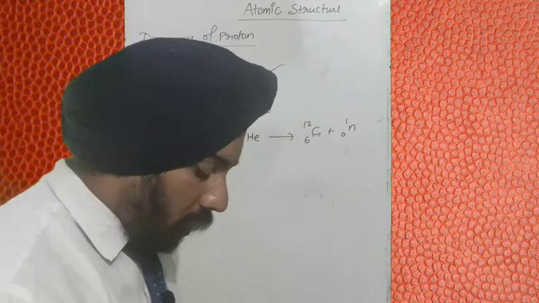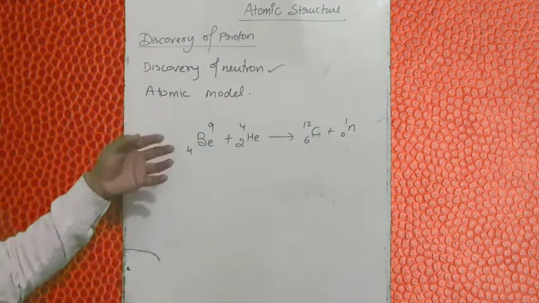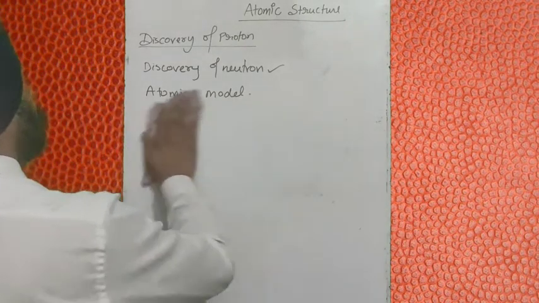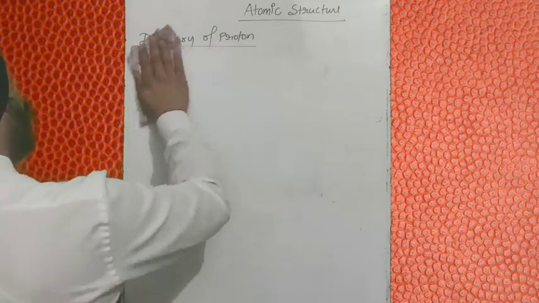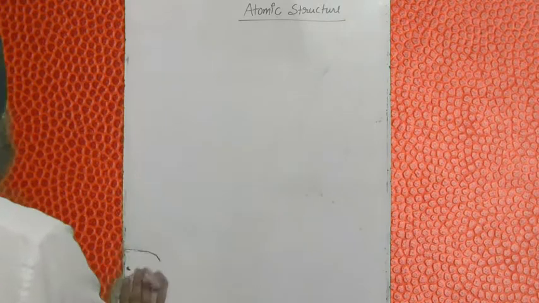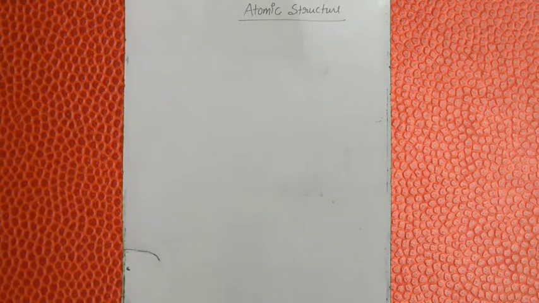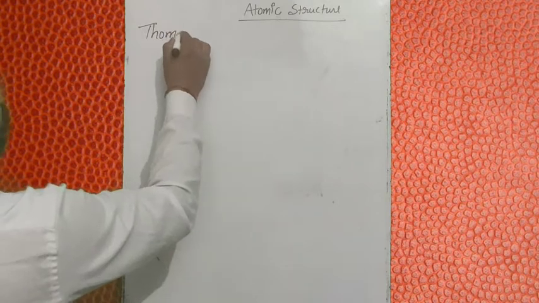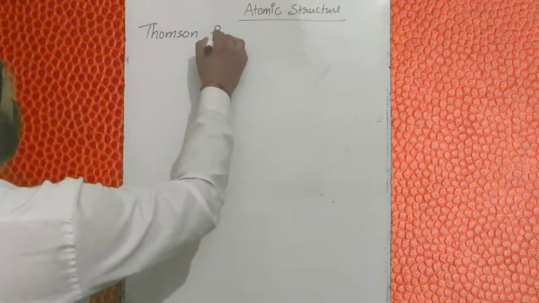Okay, so now come to the next topic, atomic model. What is an atomic model and how was this atomic model formed by different scientists? The first in this row comes Thomson's plum pudding model.